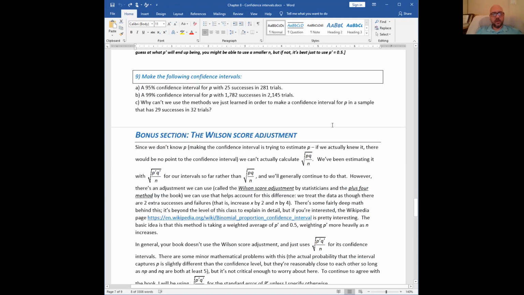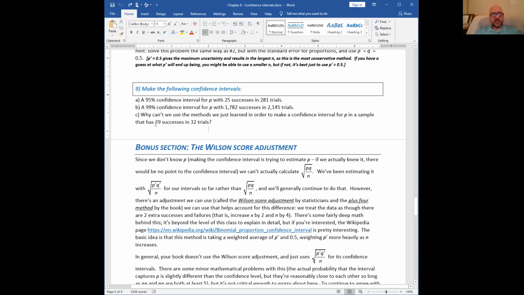In our question here, 29 successes in 32 trials, well, that's enough successes, but it's not enough failures. It's only 3 failures. So we didn't meet the requirements, and so we can't assume that the distribution is normal. And so we would have to do something else.